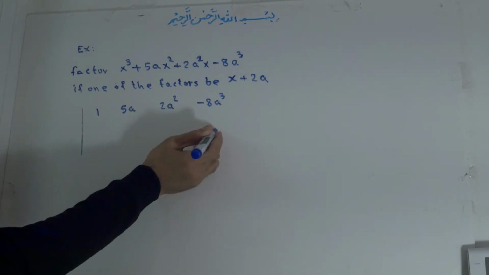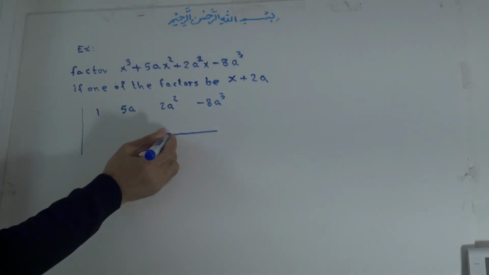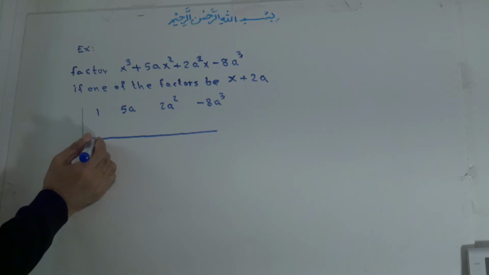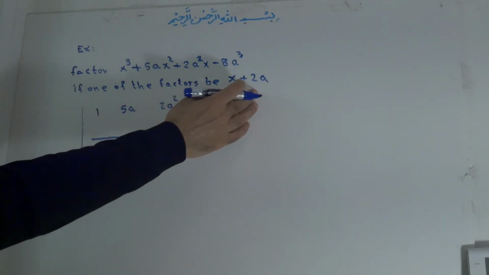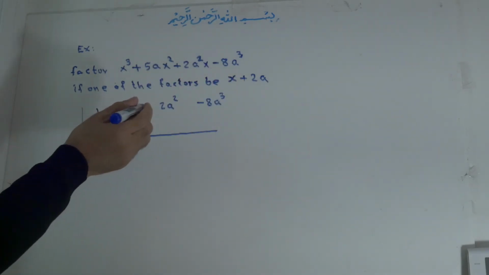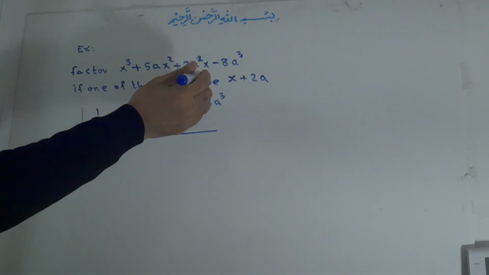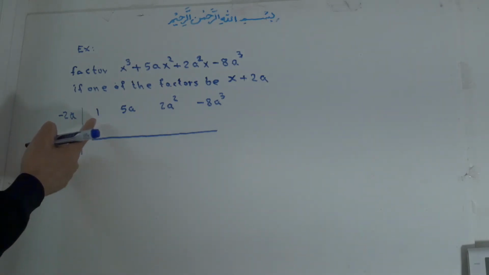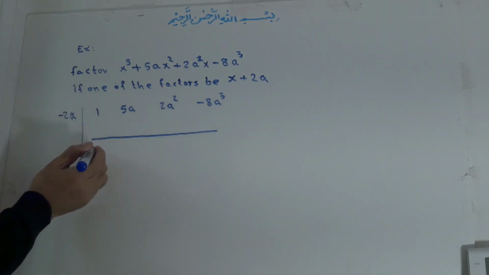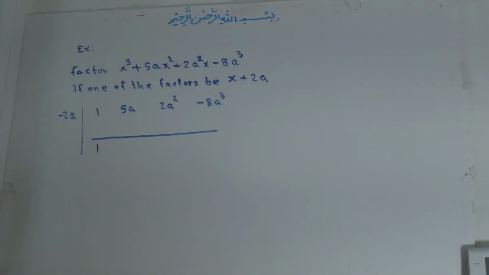Now we draw a line here, and we write the second part of this binomial with the opposite sign. The sign of this is positive, so we write negative 2a. First of all, we bring down this one here.